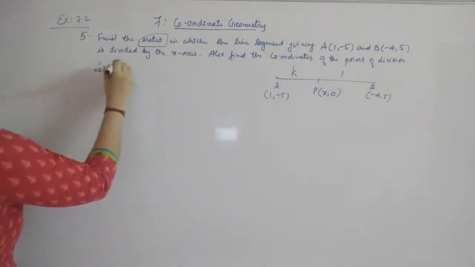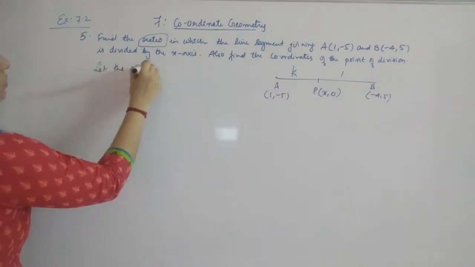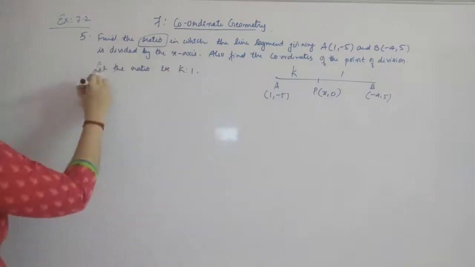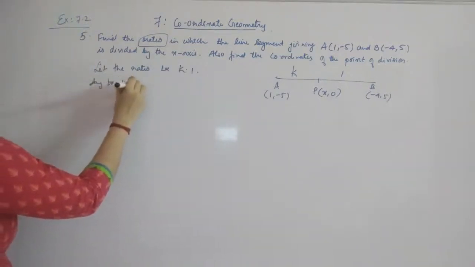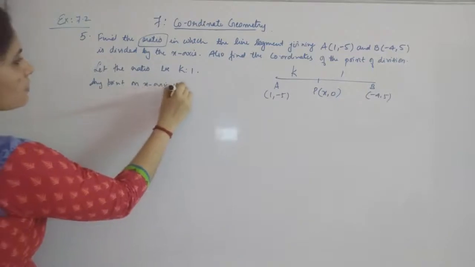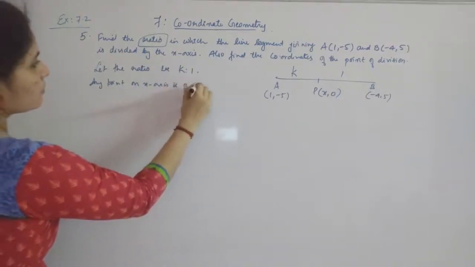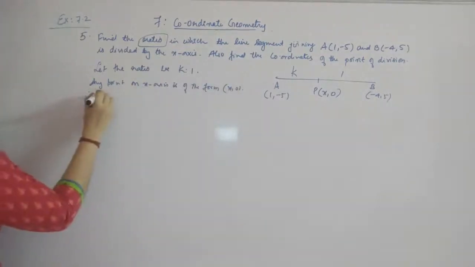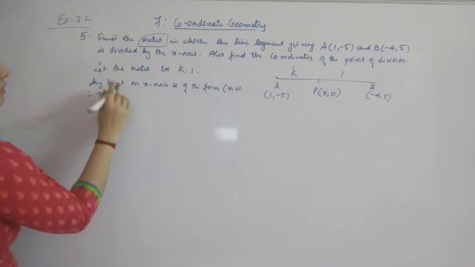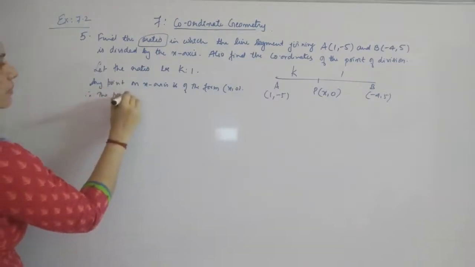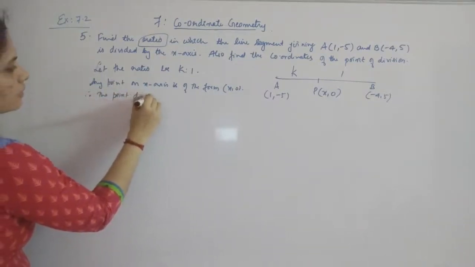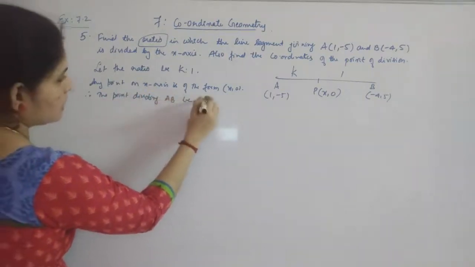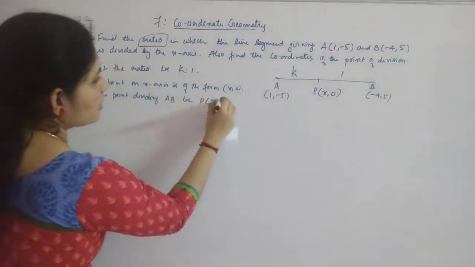Let the ratio be k is to 1, and any point on the x-axis is of the form x, 0. Therefore the point which divides AB is P of x, 0.